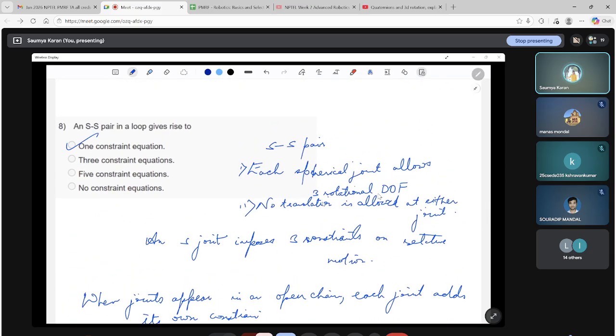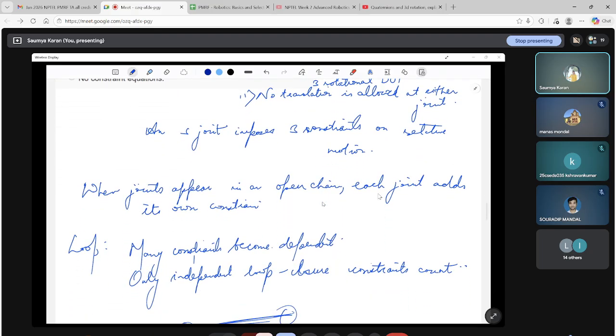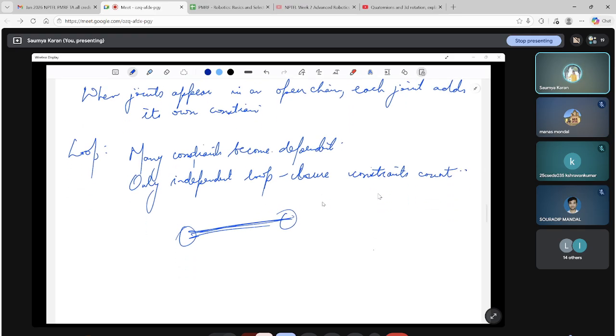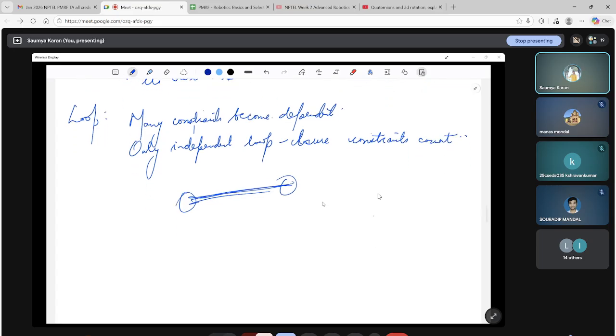All of them independently could have done, but since it is a loop closure, everything becomes fixed. Both the rotational constraints become fixed, and we have one constraint equation for this distance. So only the distance between two spherical joints is constrained, and the distance is one scalar constraint.